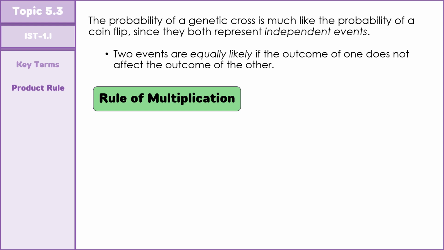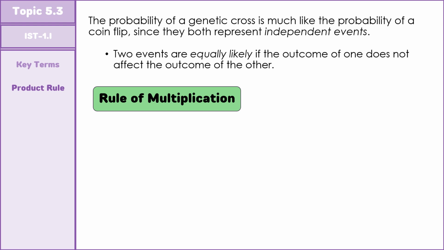Much like with a coin flip, because the genetic crosses represent independent events, we can use probability rules to determine potential outcomes. So if 2 events are equally likely, the outcome does not affect each other.